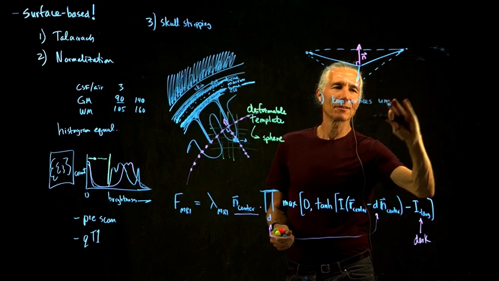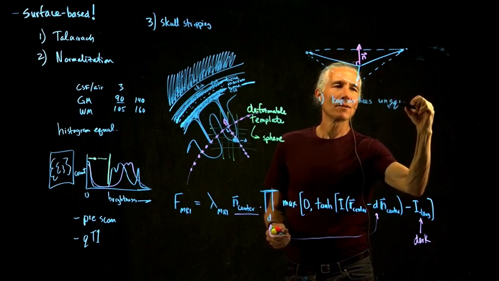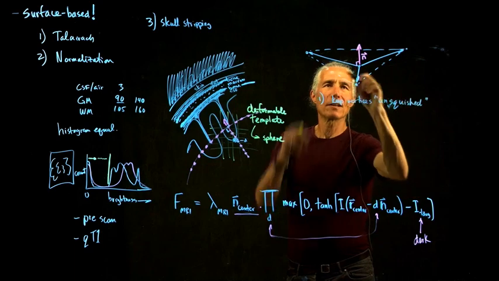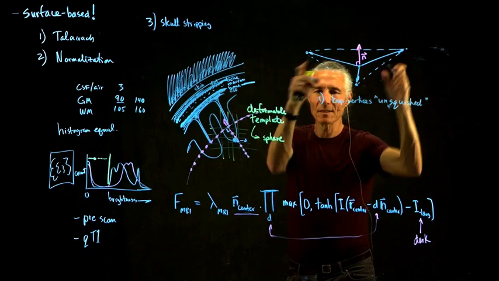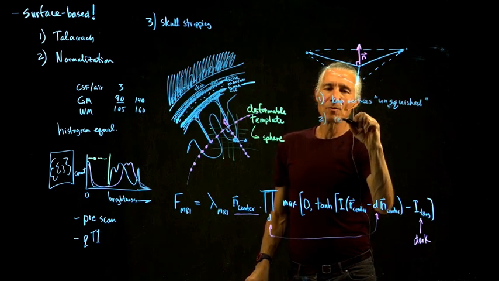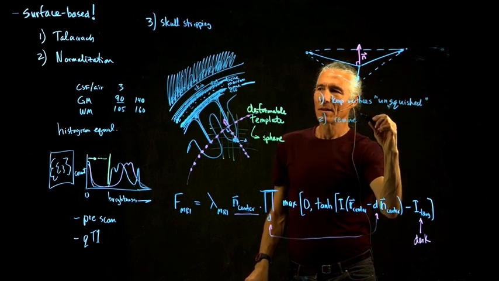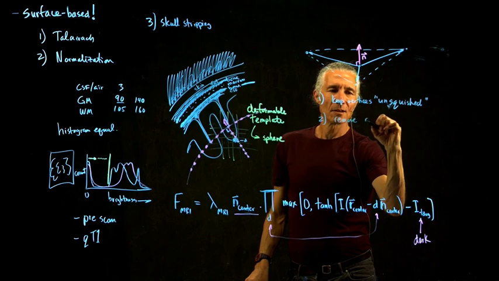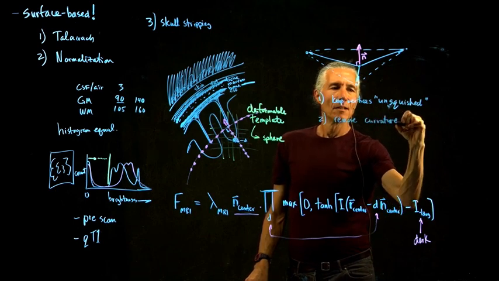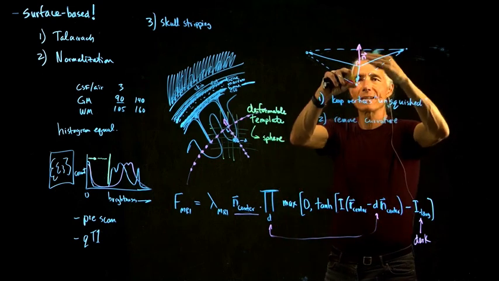That's the technical term for that. Whenever we move a vertex, we try to keep it the same distance from its neighbors. And then we can also try to remove curvature, so try to keep the surface as flat as possible.